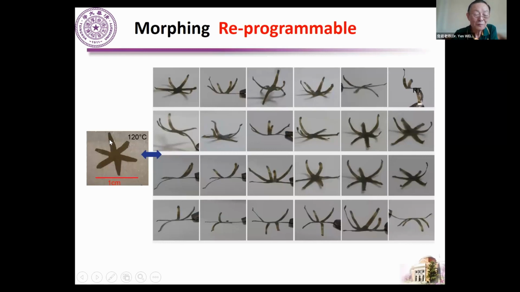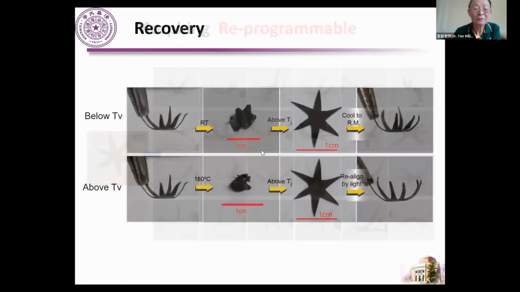If we program this arm to go up on heating or cooling or when shining light, it goes up or down. You can design any shape you like. Once you reverse the temperature, they go back to the same shape, and then you can reprogram to another shape as well.